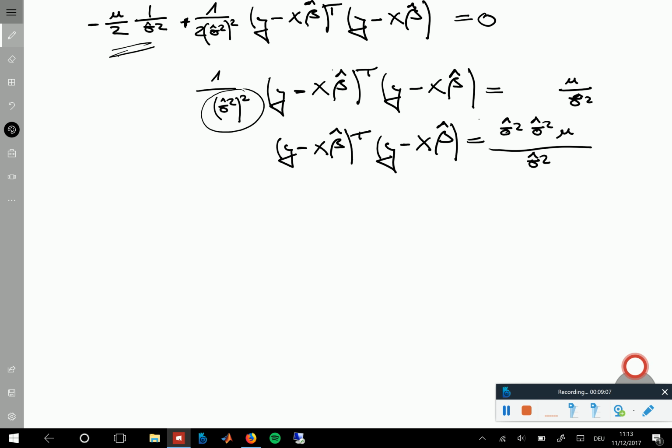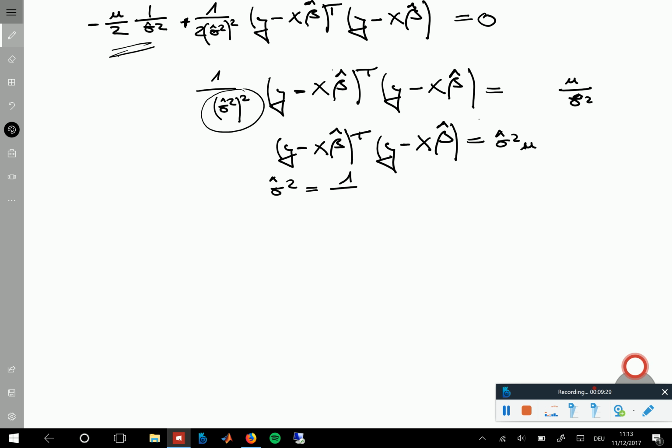Then we can cancel out one of these sigma squares, so we get sigma square hat times n, and then we are already there. We can now divide by n and get sigma square hat.